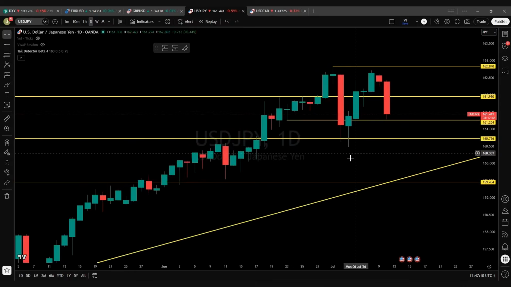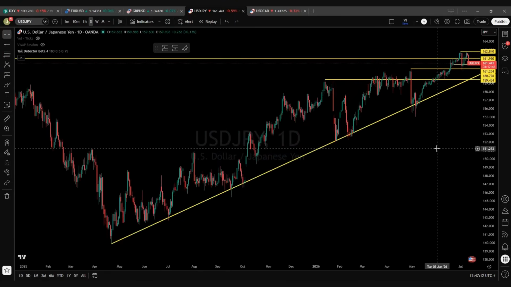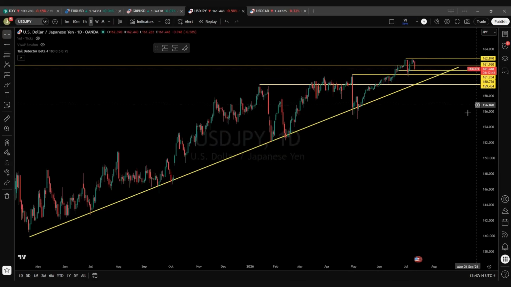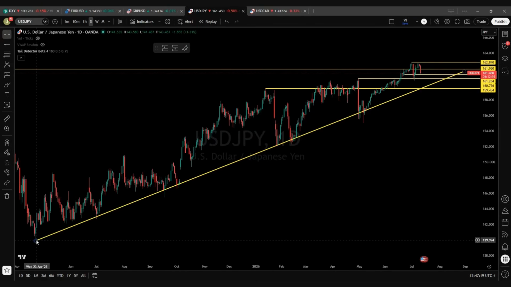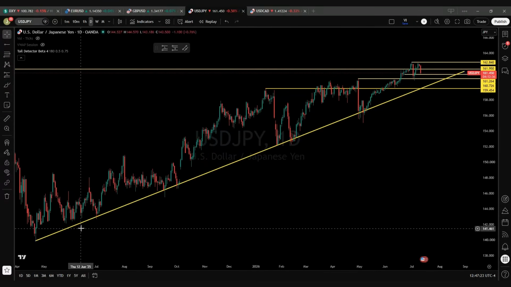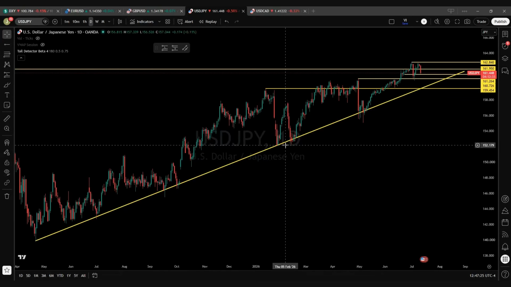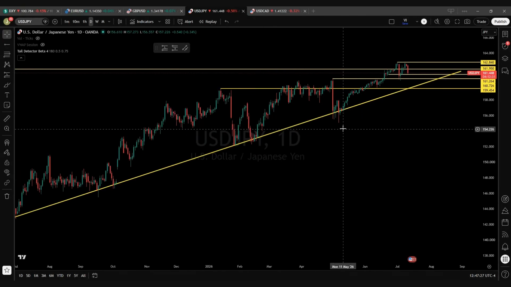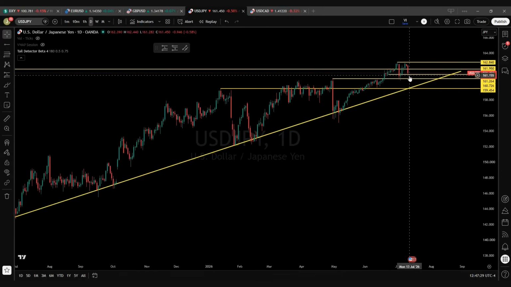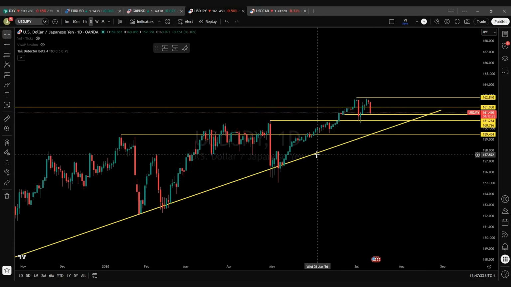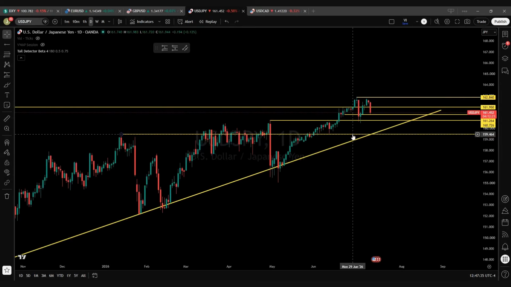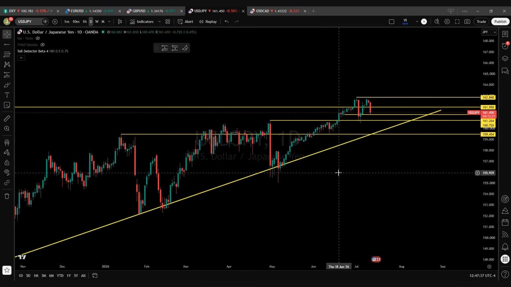This will be the next area of support for the dollar versus the yen. Overall, this long-term trend line is still intact, as this is from this low pivot of April 23rd, 2025. Price has gone all the way up respecting this trend line. It pierced it here, and we have since gone away. So now we have tight support levels here: this upsloping trend line and these key horizontal support levels.